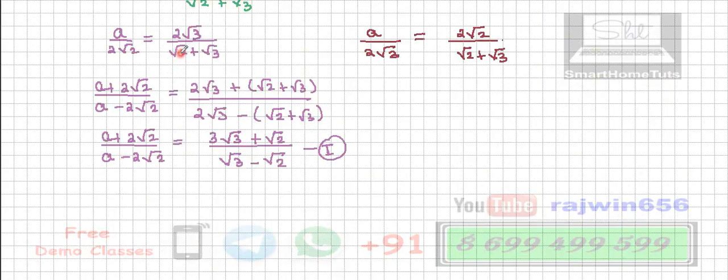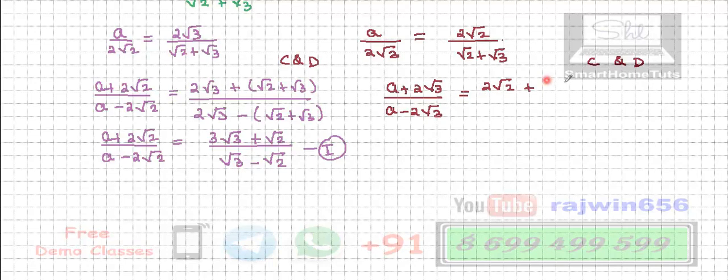I'm going to repeat the same step over here, componendo and dividendo. So this is going to give me a plus 2 root 3 upon a minus 2 root 3. This is equal to, okay, 2 root 2 plus (root 2 plus root 3).